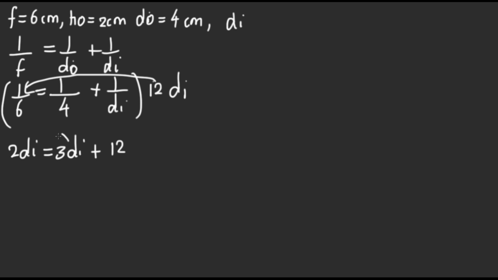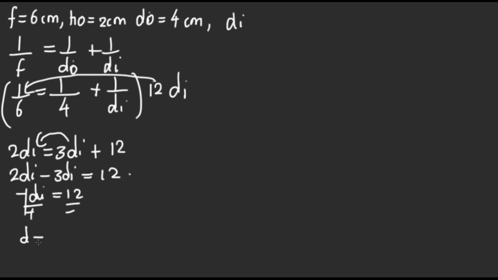Then I'm going to shift 3 di to the left side, giving us negative 3 di. Here we have 12. So we are going to have negative di is equal to 12. We divide by negative on both sides.